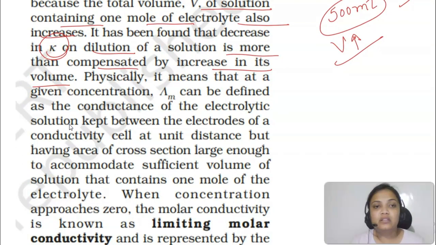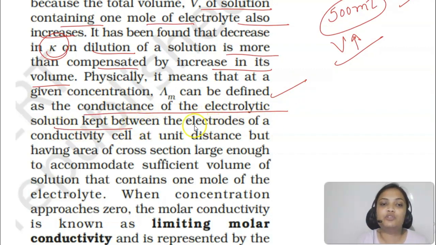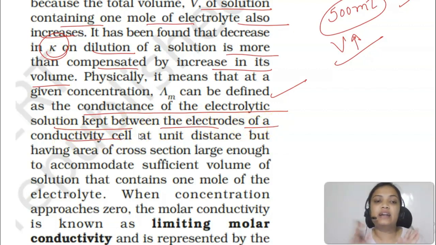So what does that mean students? That lambda m can be defined as the conductance of electrolytic solution which is kept between the electrodes of a conductivity cell at unit distance, but having area of cross section large enough to accommodate sufficient volume that contains 1 mole of electrolyte.